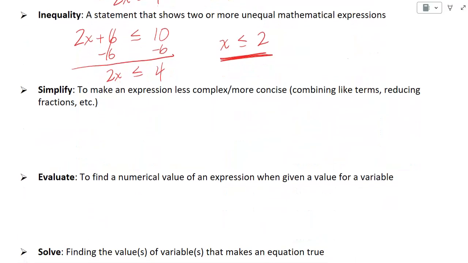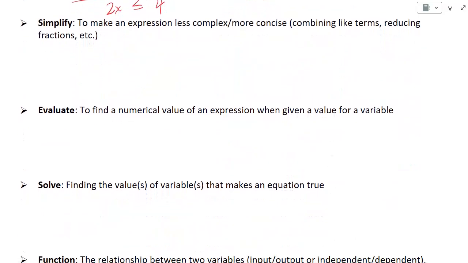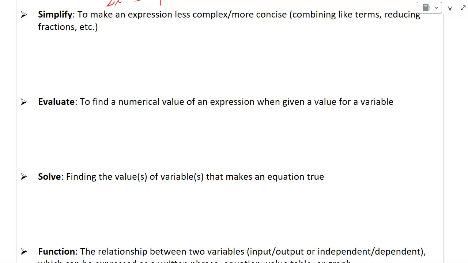Simplifying is, again, just something you can do to an expression to make it a little bit less complex or more concise. You can combine like terms, you can reduce fractions, all that kind of good stuff. So for example, if I have 3x plus 5x plus 8, 3x and 5x are like terms. Remember, they have the same variable, same exponent.